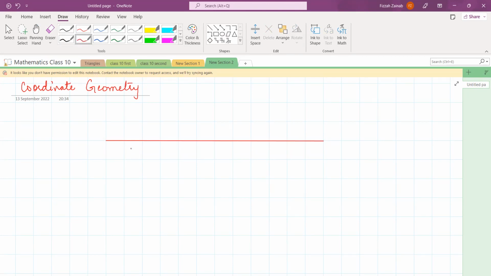So that's my number line, and there are numbers, let's say 1, 2, 3, 4, 5, 6, 7, 8, 9, 10, and so on.